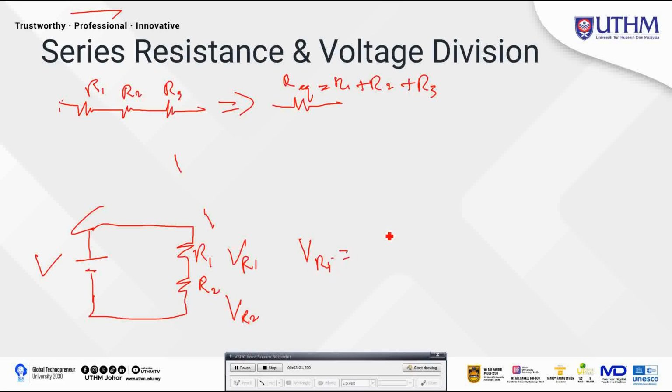VR1 we can find as R1 divided by R1 plus R2, times the V. This is for R1.